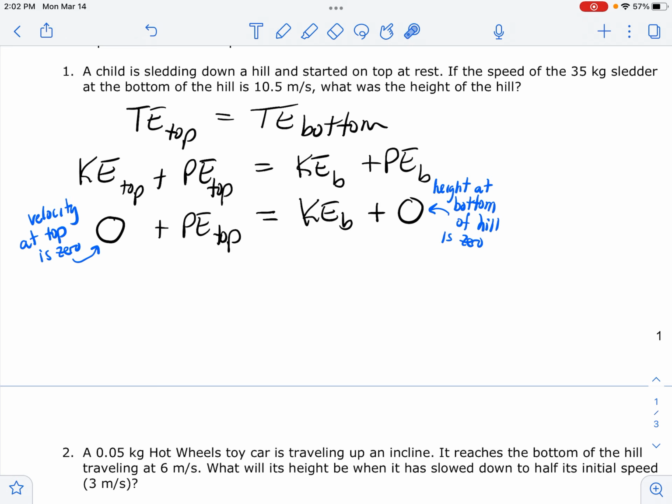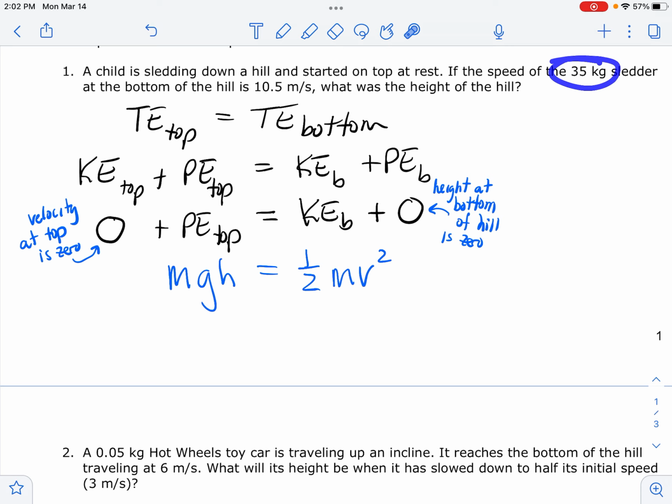So now we just have our potential energy at the top is equal to the kinetic energy at the bottom. Well, that's starting to get really simple. So that's mass times gravity times height is 1/2 mass times velocity squared. Now we can even take it one step further. If I have mass equals mass, I can cancel those two things.